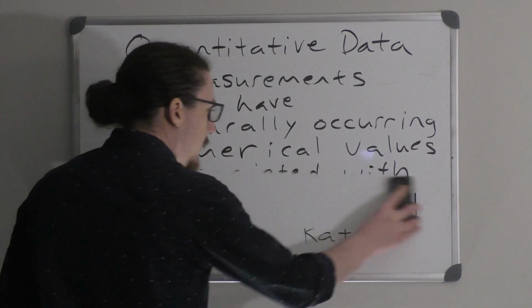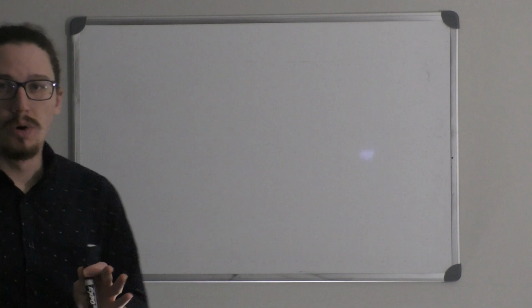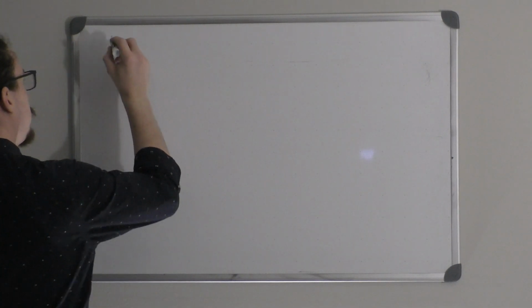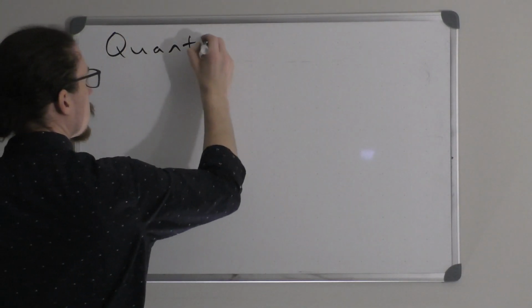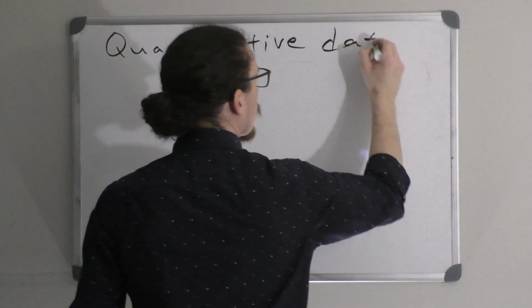Now, if we have quantitative data, there's a subcategory that we have here. So this is for quantitative data only. If we have categorical data, we don't have to worry about this.